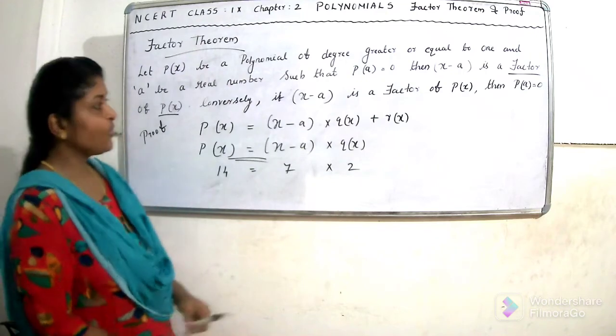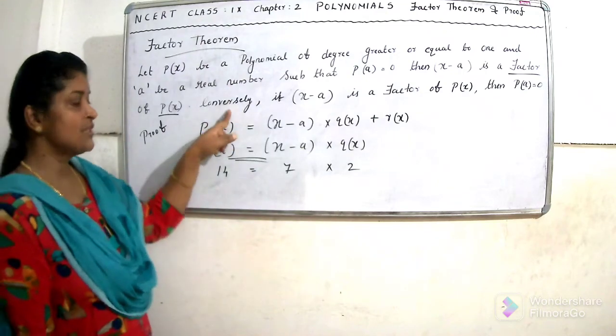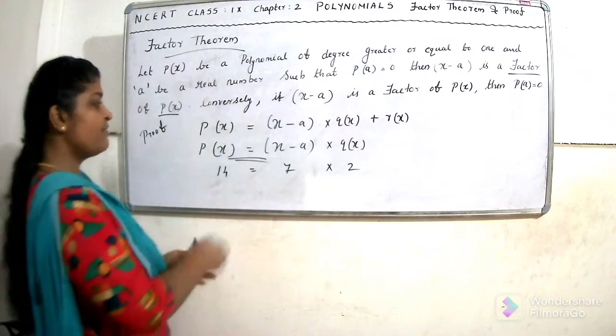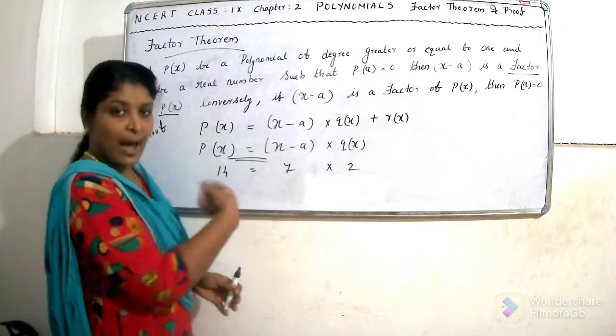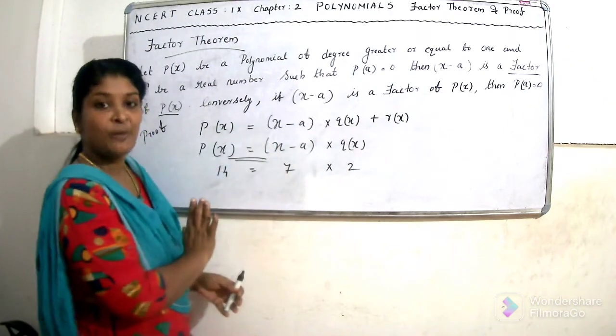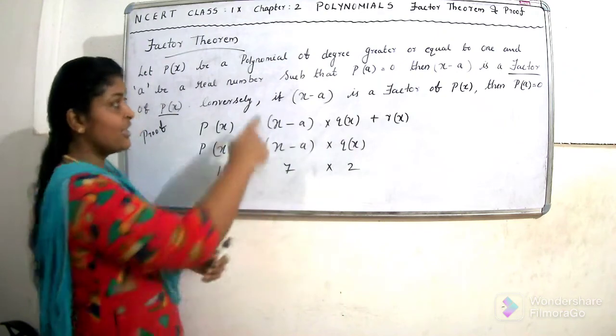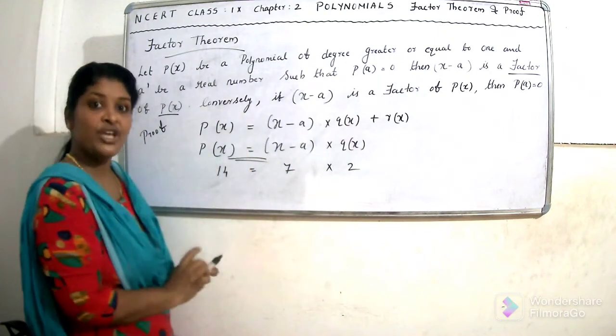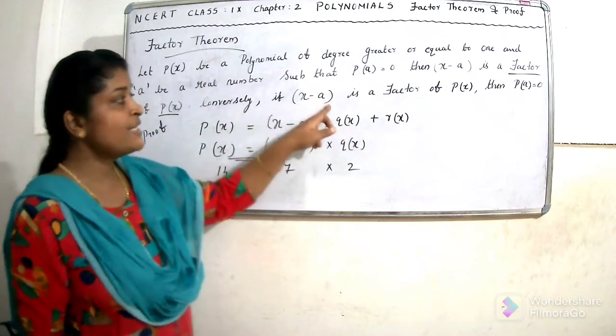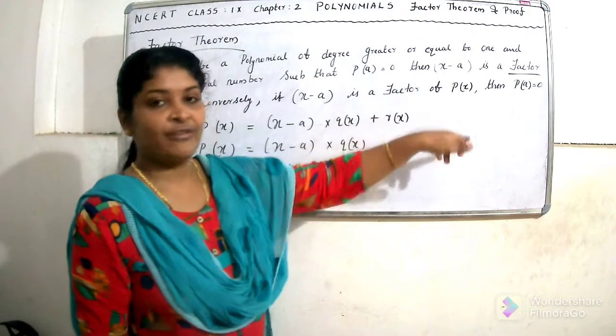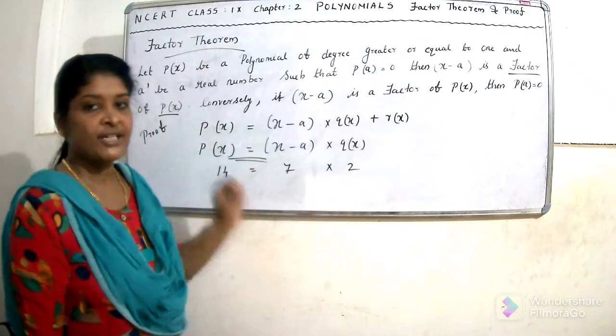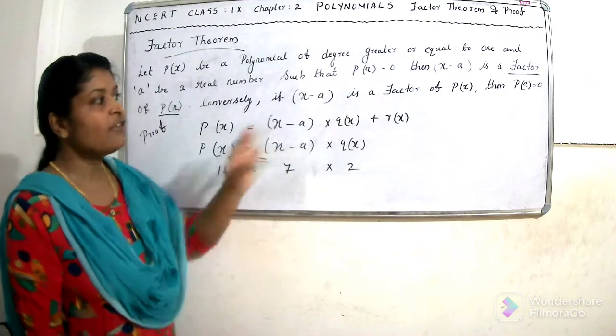Now the next part, conversely. In the application level, this is not the way we apply it. We apply its reverse, that means conversely. What we actually do in problems is this: x minus a is a factor of P of x. Already we are saying the divisor is a factor of the given polynomial.